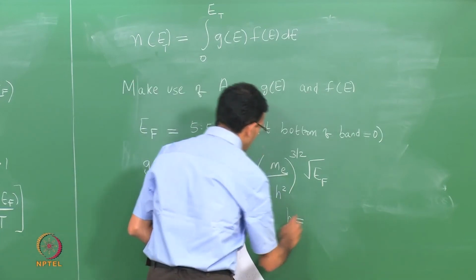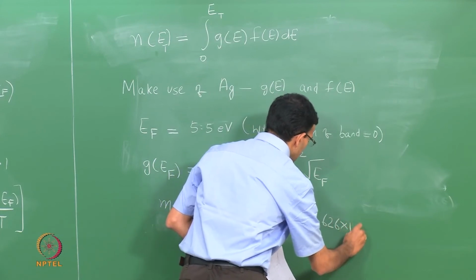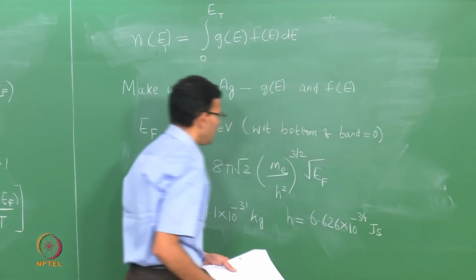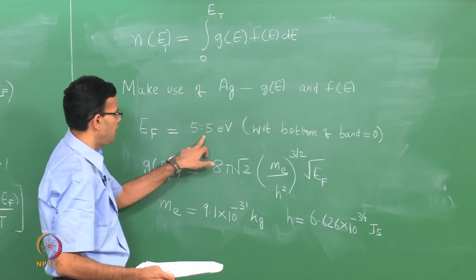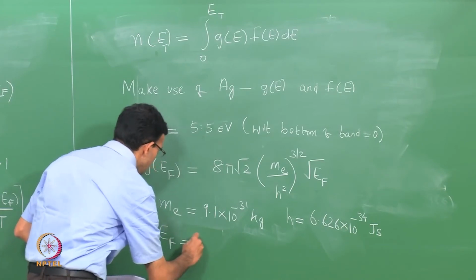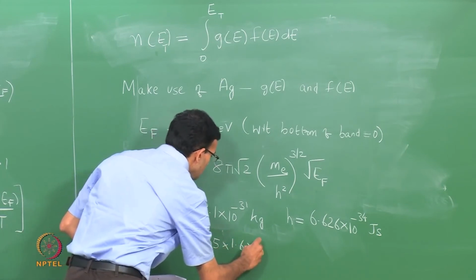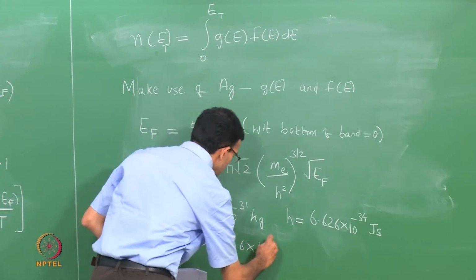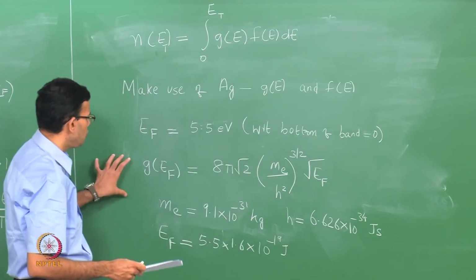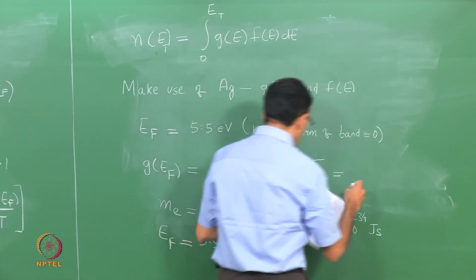H is the Planck's constant, and Ef is 5.5 electron volts, which we can convert into joules. If we do the numbers, we get the density of states to be equal to this.